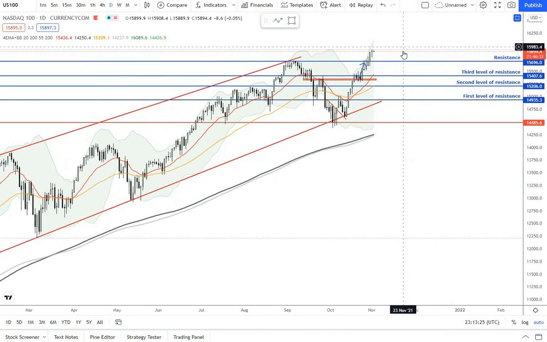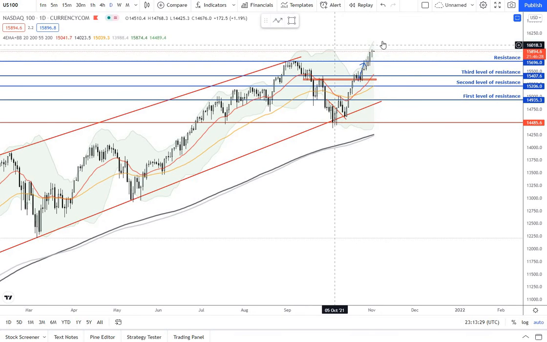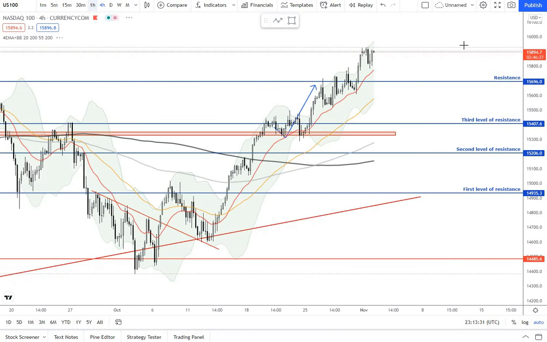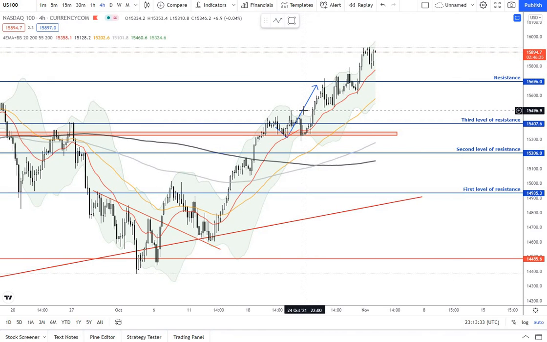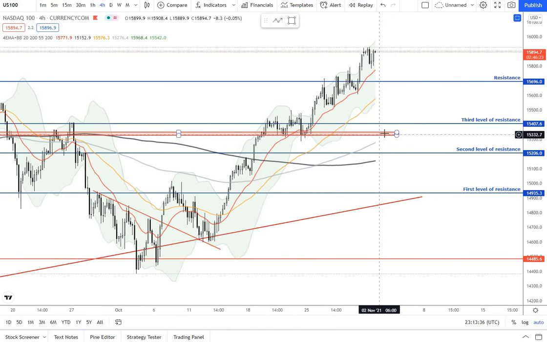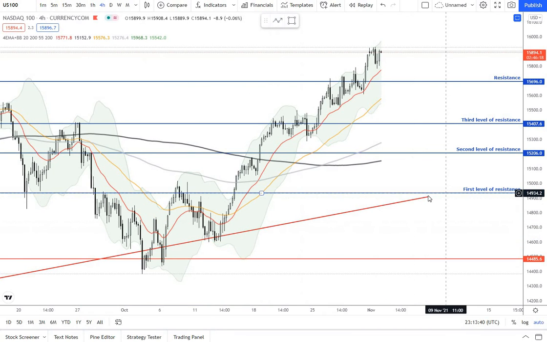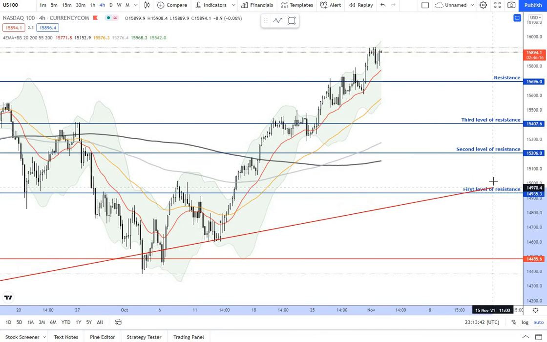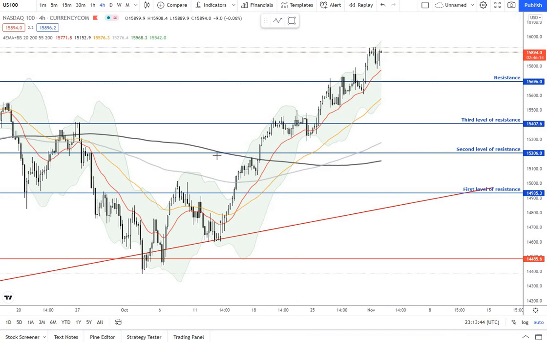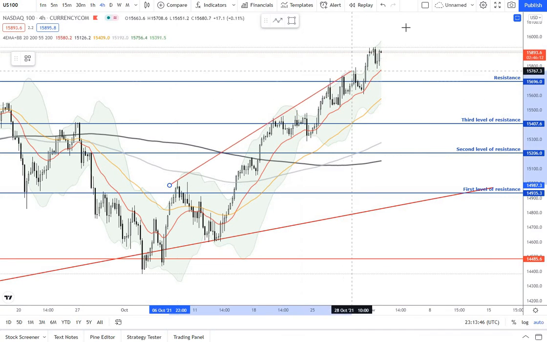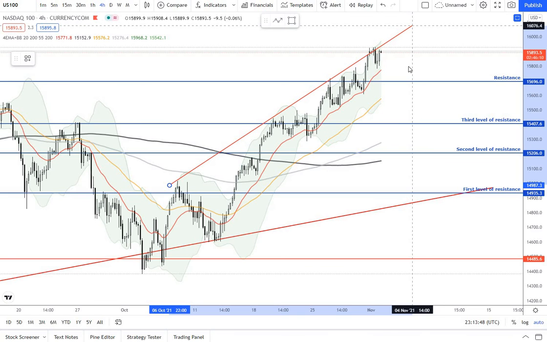Okay, next we'll look at the Nasdaq. Nasdaq is very similar to the S&P 500 as well. It went past the previous high. It broke above the resistance level. So zooming down to a 4-hour chart, you can see that, right, all these lines don't make sense already. So we have to observe and see. If I were to guess, it's probably going to be similar to the S&P 500.